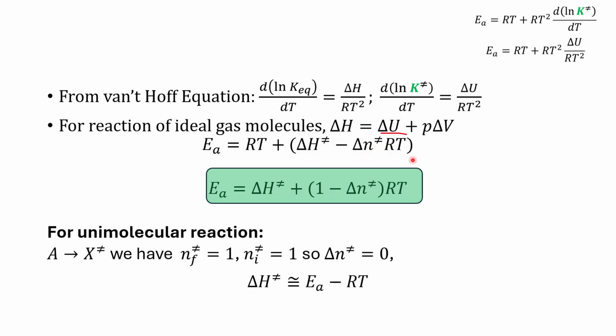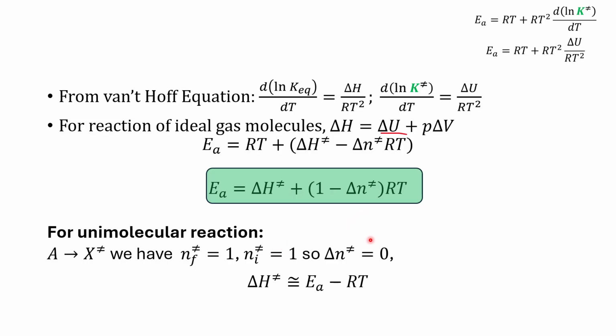This is again after we substitute the delta U in the equation here. The delta n for the activated complex is the change in the number of moles of the gas species upon forming the transition state.